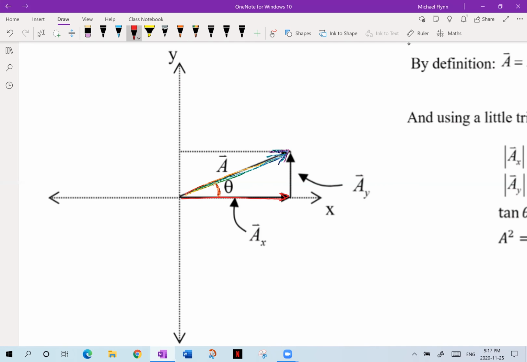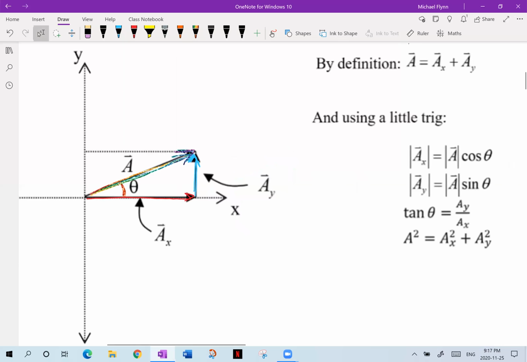It also has a y component that is this long, okay? If you want to think of it as north, south, east, west, the red vector is how far east you're going, and the blue vector is how far north you're going. So this rainbow vector is the actual vector, and the red and blue vectors are the components of A.